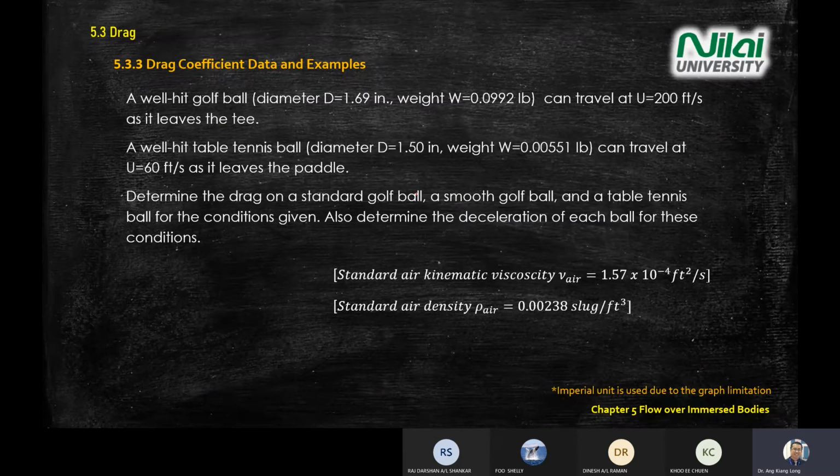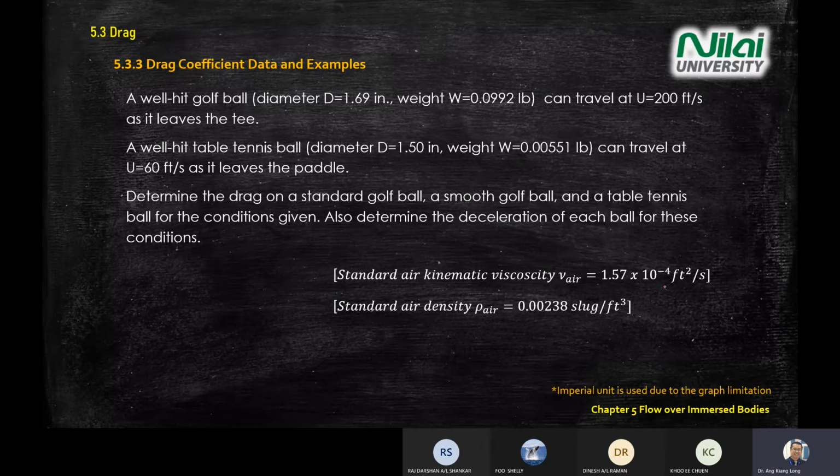Okay, again, my favorite is on the round object, so pay attention to this example. Let's say you have a golf ball with a diameter of 1.6 inch, and the weight is this one, can travel at this velocity, and a tennis ball with a diameter, weight, can travel at this speed.